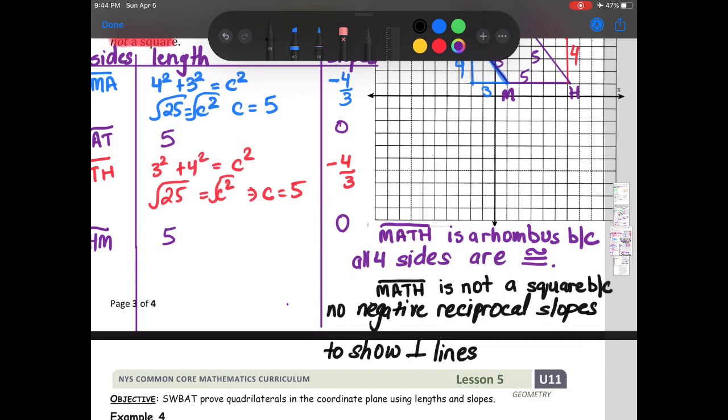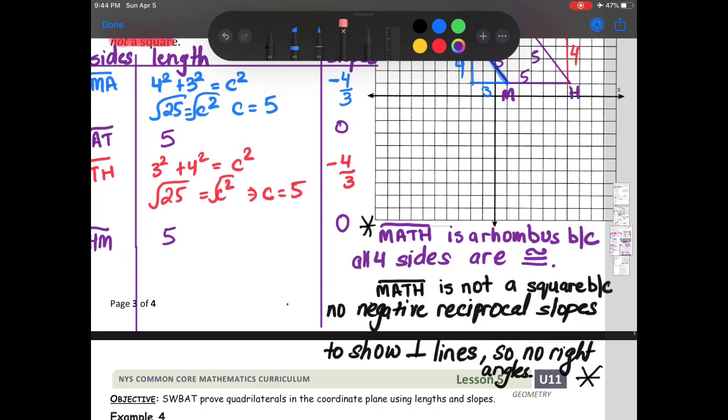Right? So no right angles. The more you write, the better off you are, and you must have this explanation. It is a must. If you do not write this, you do not get full credit. So please make sure you do that.